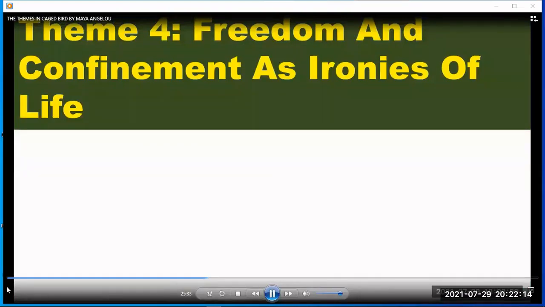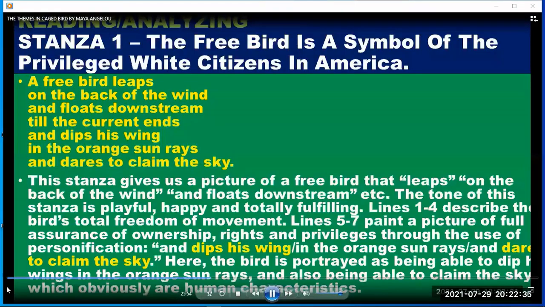And now we come to theme number 4, which is freedom and confinement as ironies of life. We have talked about freedom, we have talked about confinement, but we are looking at freedom and confinement juxtaposed, or placed side by side, in the human society. And that underscores irony.